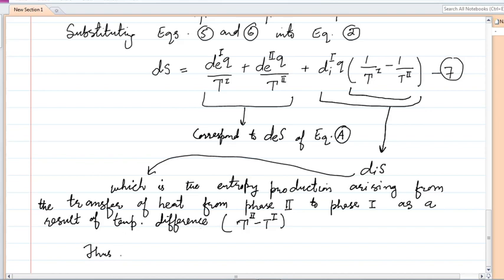So dIS will be equal to, comparing with equation 7, dIS equals diQ first times (1 upon T1 minus 1 upon T second). We will name it as equation 8.